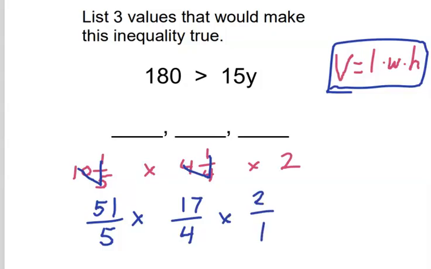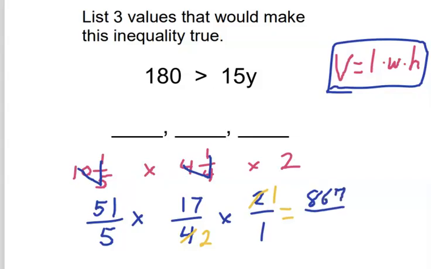Is there any cross-reducing we can do here? There's a little bit. We can divide 2 into 2 and get 1, and divide 2 into 4 and get 2. And there's really nothing else we can do. So that saved us maybe a little bit of work later. All right, so we're going to have to do 51 times 17, and that's going to equal 867.